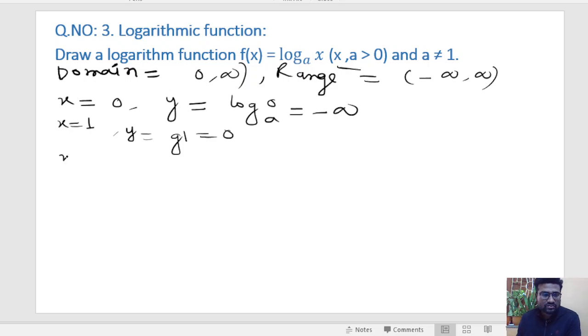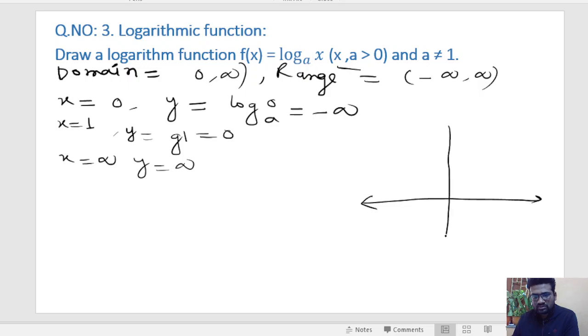And x equals infinity gives y equals infinity. Then we take the x axis and y axis and draw them. This is the intersecting point, this is the positive x axis and negative x axis, this is the positive y axis and this is the negative y axis.